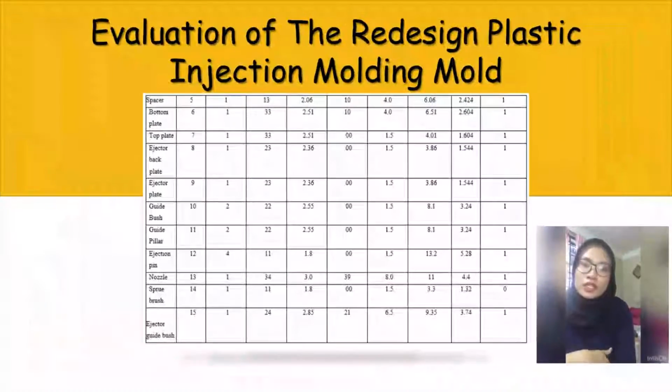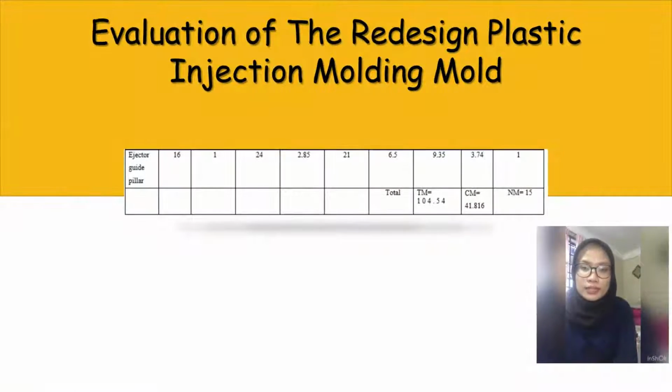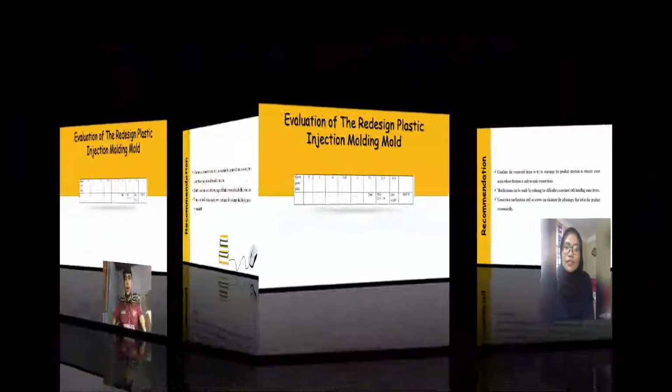Last is the evaluation and calculation of the ejector guide bush and ejector guide pillar, and the total manual assembly time is 106.26. Total cost of manual assembly is 46.52, and lastly the theoretical minimum number of parts is 15.